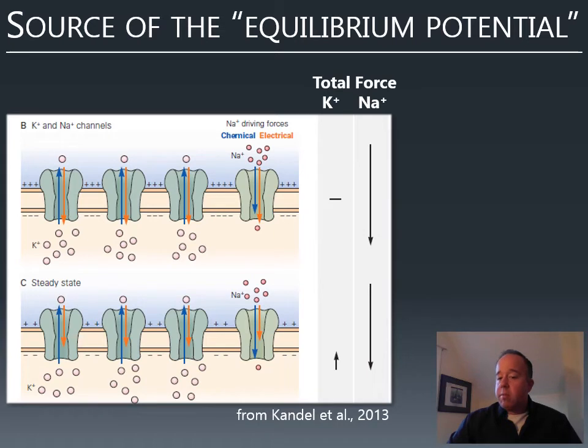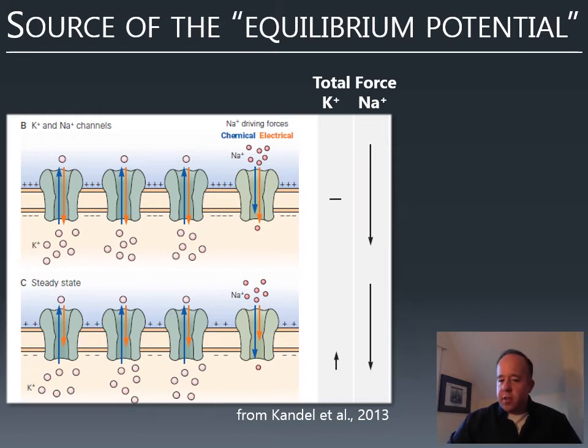So the difference decreases. Before it's at minus 65 millivolts. If more sodium comes in, it'll go up to minus 64, minus 63, because there's less and less of an imbalance. There's more positive charge inside the neuron, the more sodium comes in, and so the membrane potential changes.